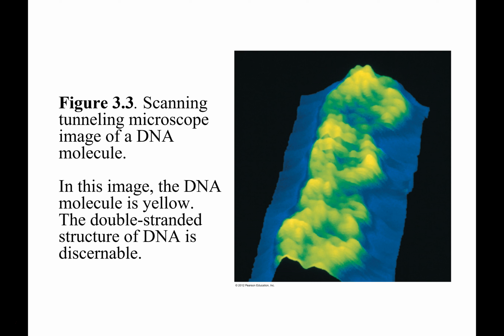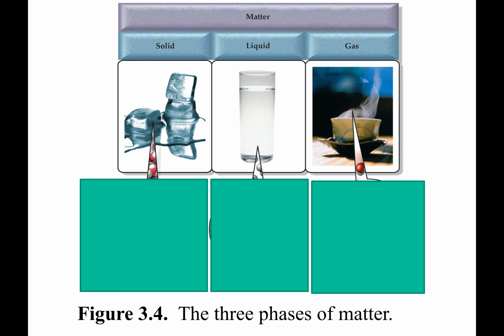You might recognize a little helix structure here. This is what we call a macromolecule, macro meaning humongous. So this is a DNA strand.